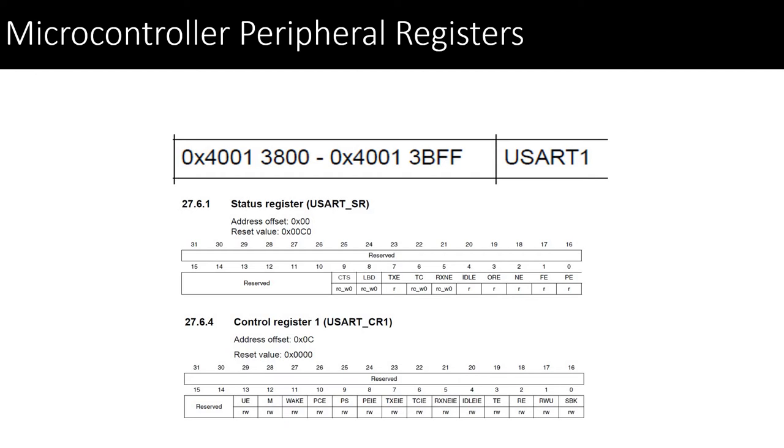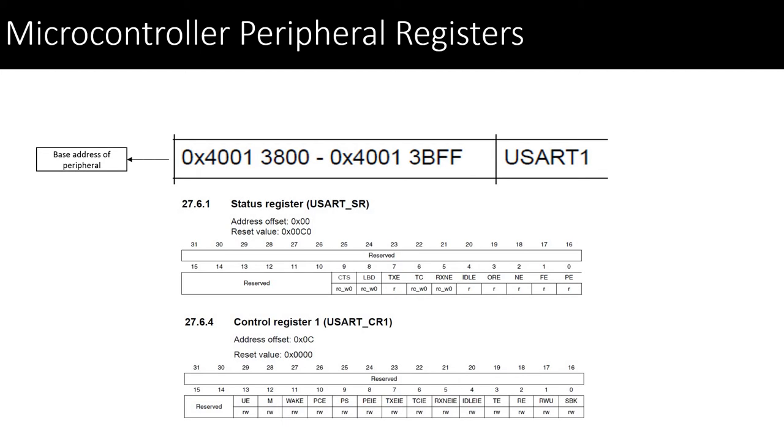Each register within the peripheral has a fixed address space available in the memory. For example, for USART1, the address space is from hex 40013800 to hex 40013BFF. So all the registers of peripheral USART1 need to be within this address space.